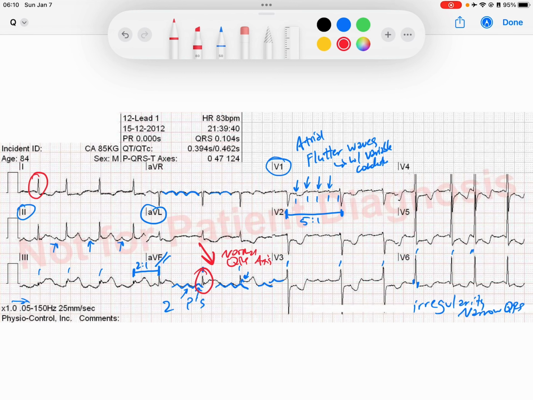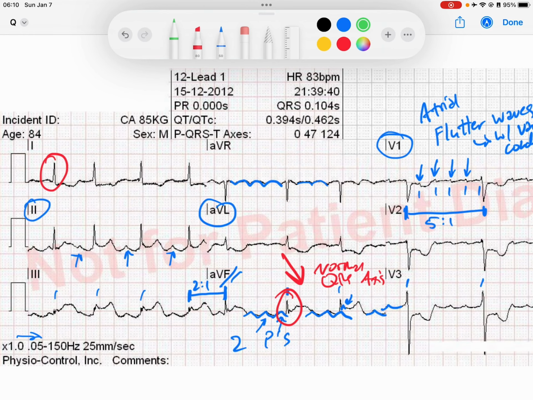Next thing I like to do is scan for my ST and T wave segments throughout the anatomical distributions. And what you'll notice is when I come down to these inferior leads, which are leads 2, 3, and AVF, I notice pretty significant baseline ST elevation.